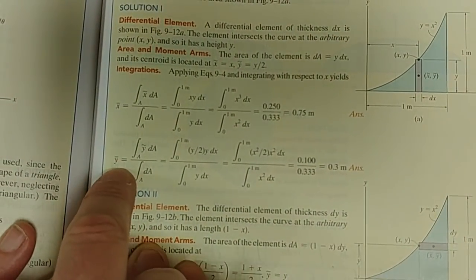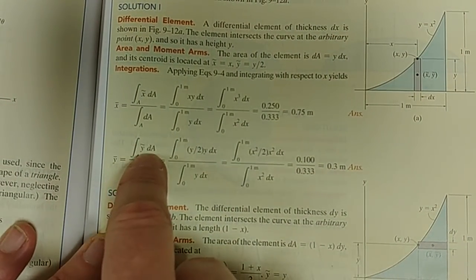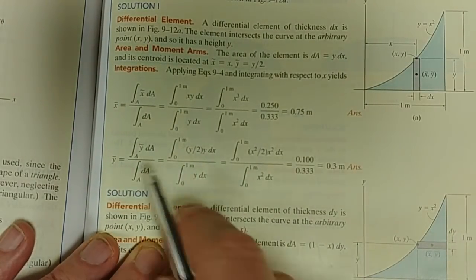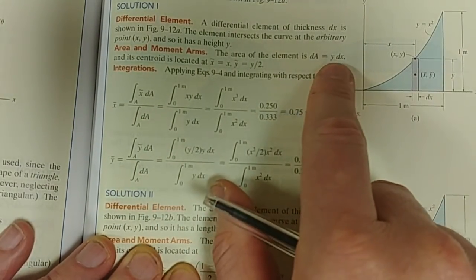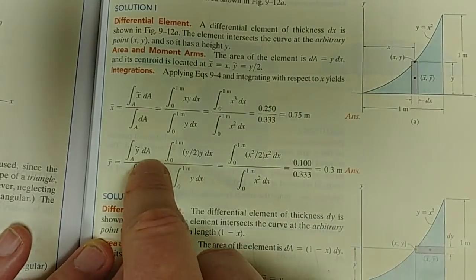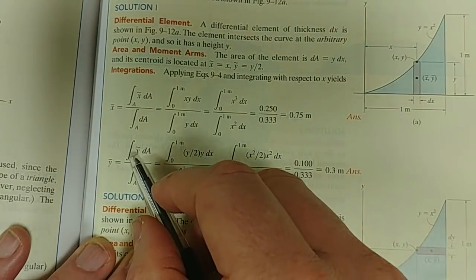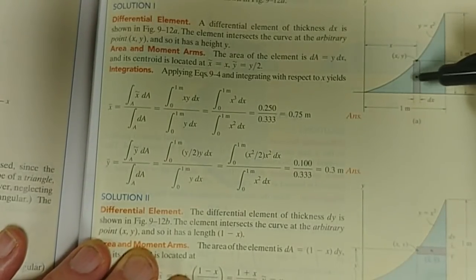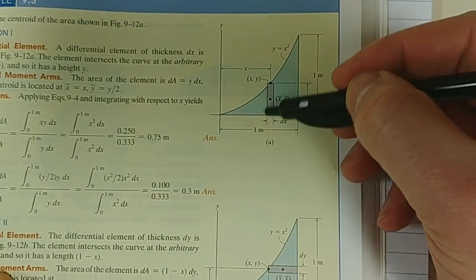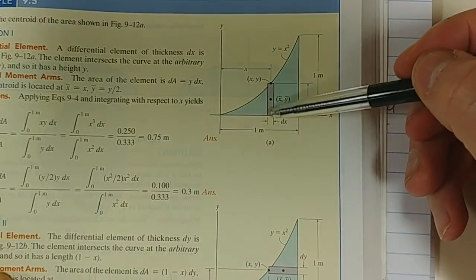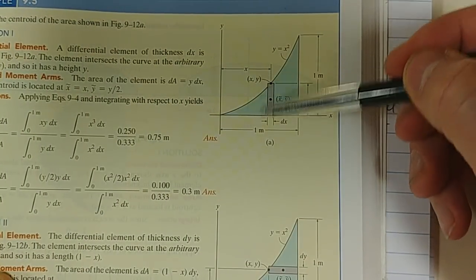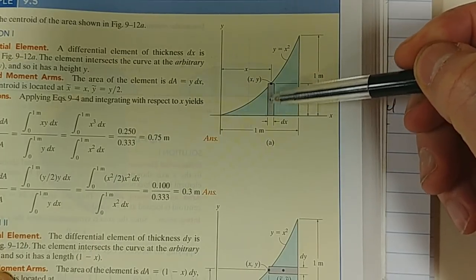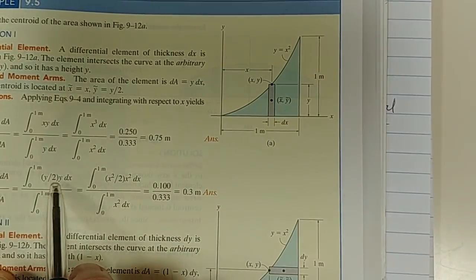What about y bar? Y bar is equal to the integral of y tilde dA over the integral of dA. We've already determined dA; it's the area of the element. But now, what is y tilde? Y tilde, again, is the location of the centroid of the differential element. Because the total height is y and the centroid is located at half that distance, it's going to be y over 2.